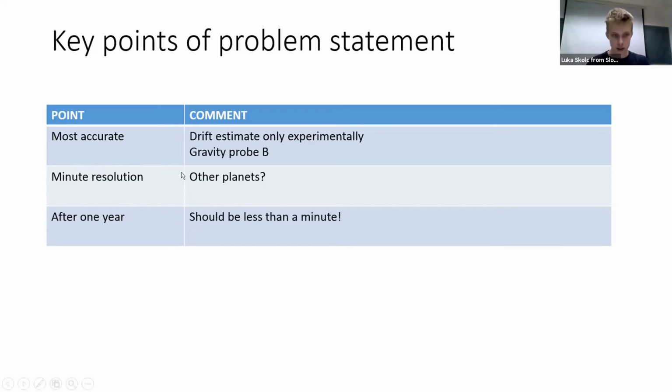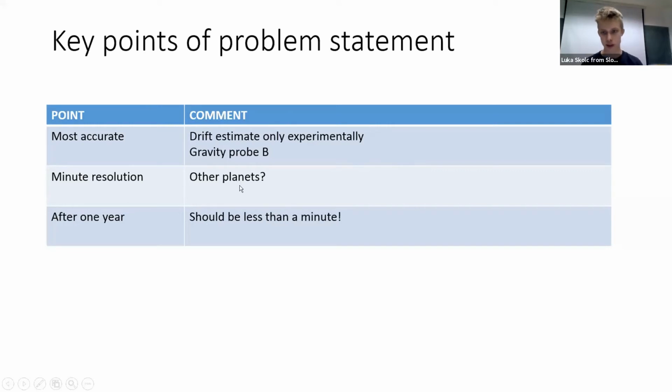Then on the key points of the problem statement, for the most accurate, I think the gyroscope is a very good idea. And the drift estimate was given. For the minute resolution, you did give an estimate, and it was good, but you should also talk about it on other planets.